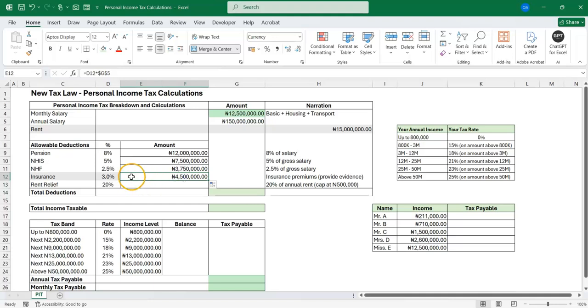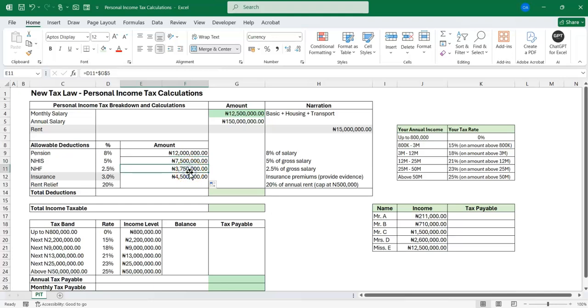Now if you look at it, we have 12 million as pension, NHIS 5% of the annual income. That's 7.5 million. Assuming all things being equal, assuming your organization subscribes to it, those are the ways in which you can reduce your tax liability under the personal income tax law.